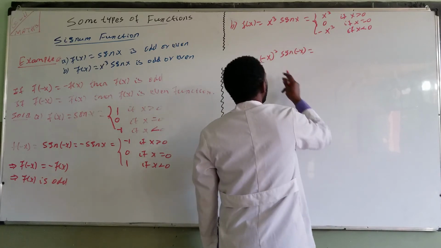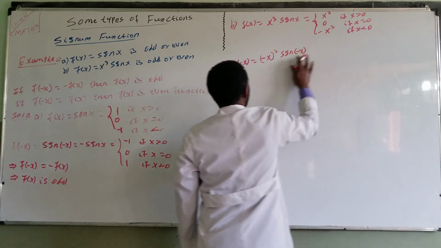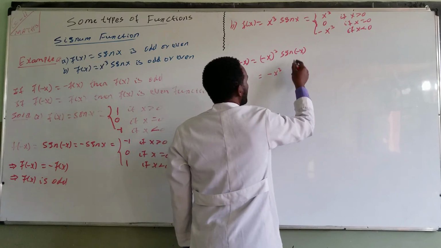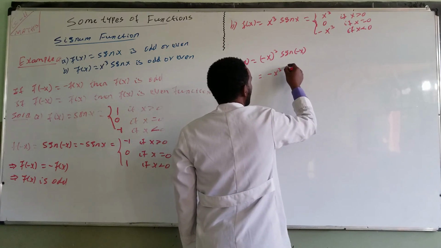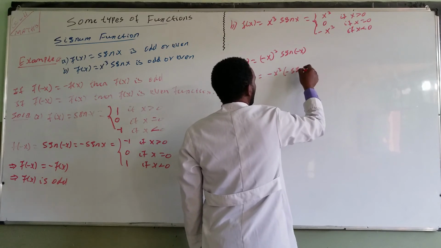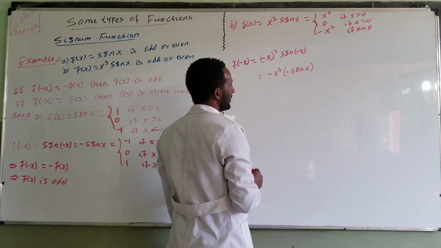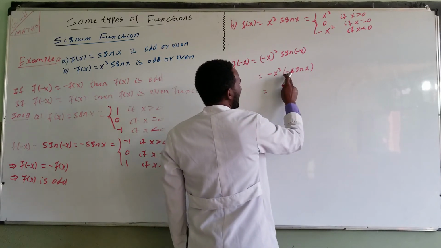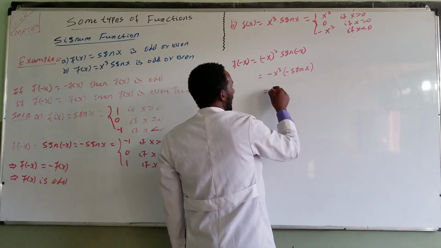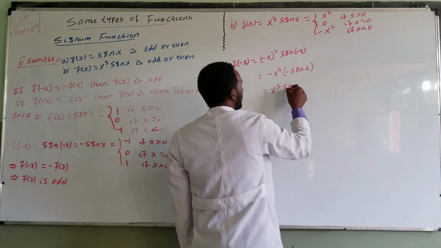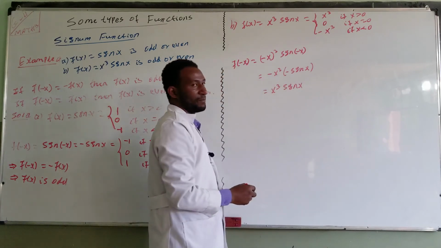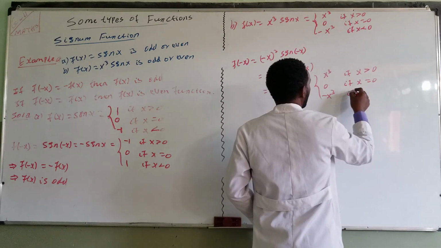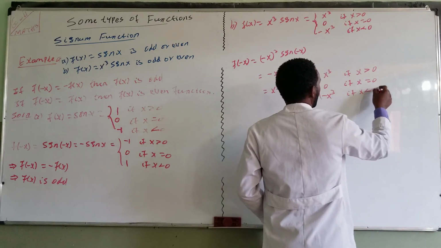This means negative x cube times negative signum x, which is equal to negative times negative x cube signum x.